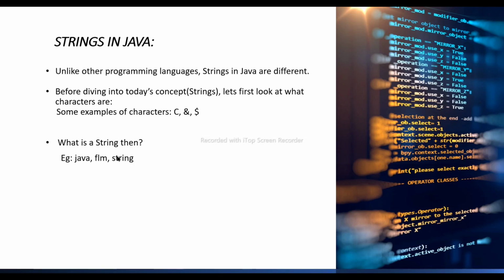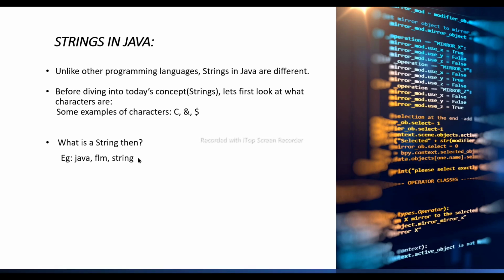You can understand this because you have thinking capability. But a machine cannot understand that this is a character and this is a string. So you have to specify that this is a character and this is a string.